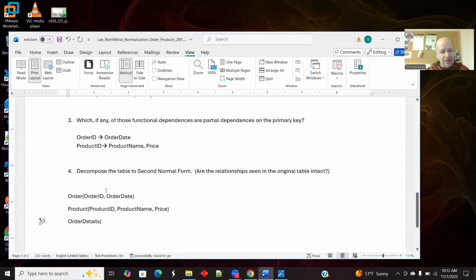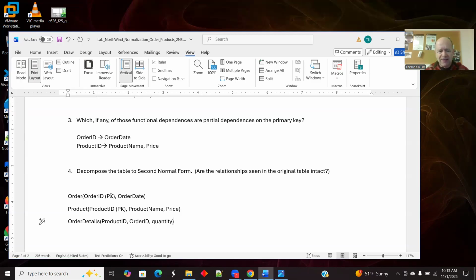And so let's indicate this as the primary key. Let's indicate this as a primary key. Order details, we know we're going to have the product ID and the order ID, and that's where the quantity goes. And then we have a choice here.